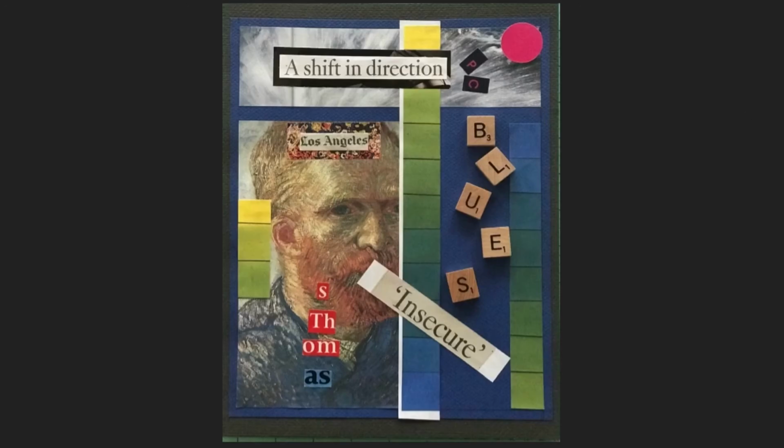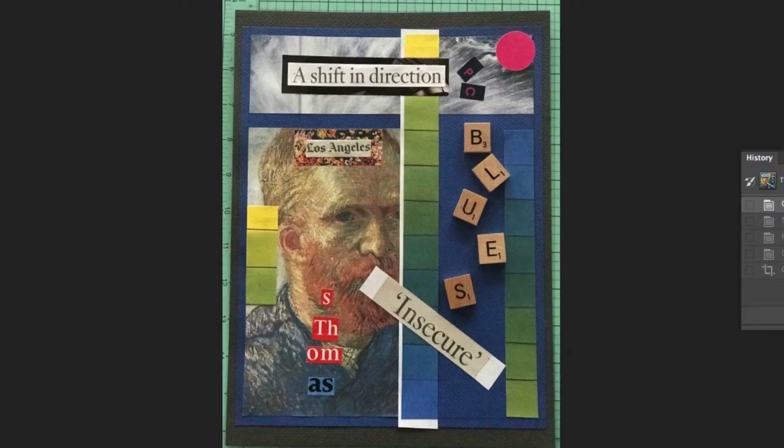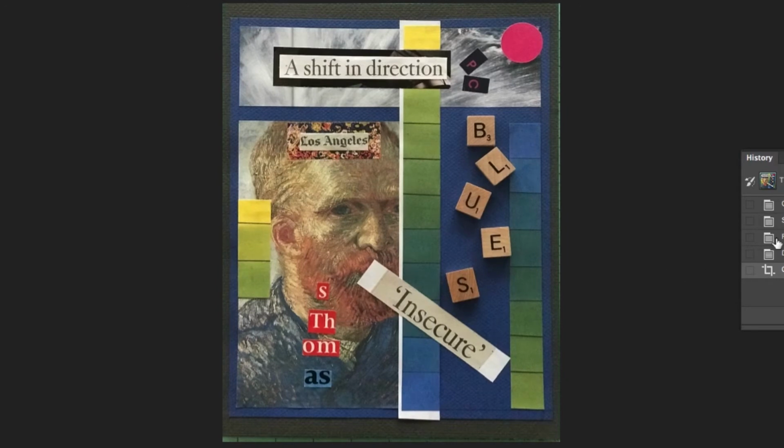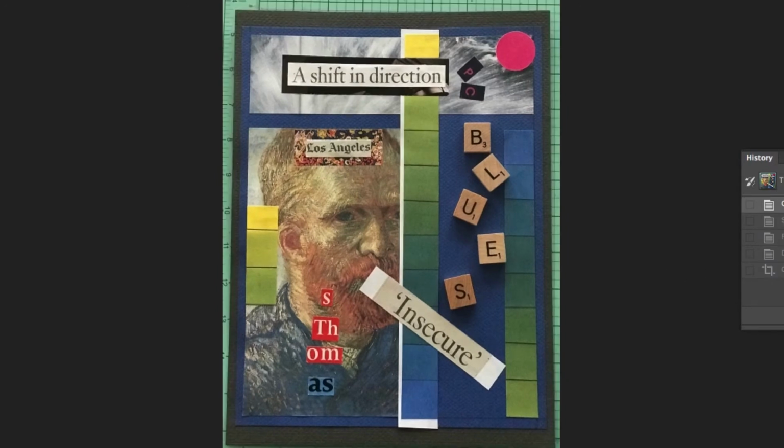Okay, this one was submitted this way, and I figured maybe the background, the cutting mat, is not part of the design, so I went ahead and cropped it. Although the mat itself fits in with the color scheme, and with the repetition of the squares, you've got the color swatches in the design, and you've got the square Scrabble pieces, and the large square versus the small square, and then all these squares.